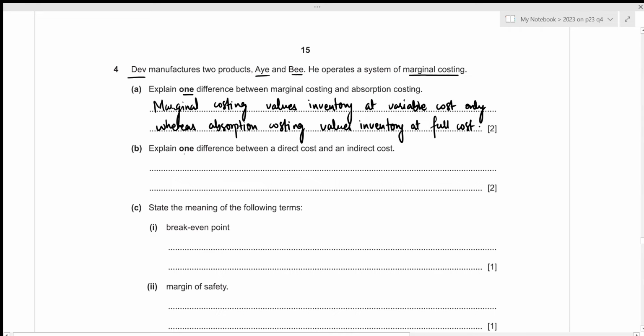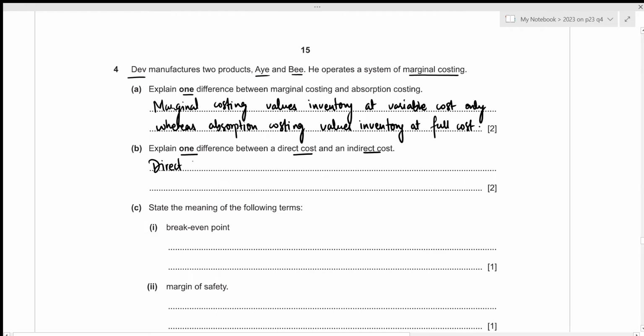Now for the second part, we need to explain one difference between a direct cost and an indirect cost. So again, the basic difference is that direct costs can be specifically allocated to our units of production, whereas indirect costs cannot economically be specifically attributed to the units of production. So direct costs are directly involved in the production process, but an indirect cost is the cost incurred which cannot be traced back to the units of production. Let's write it down.